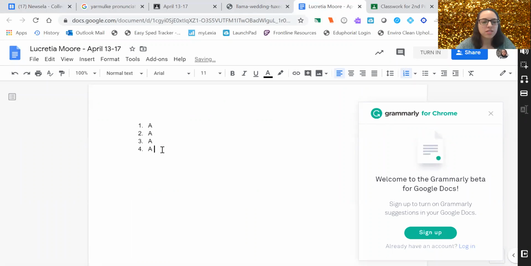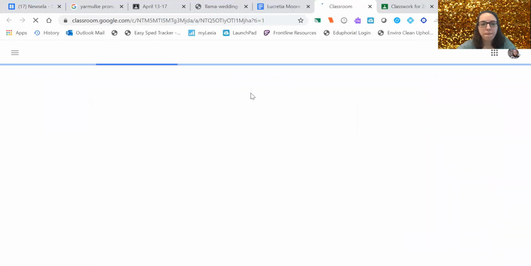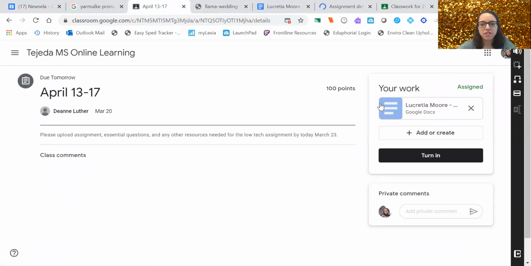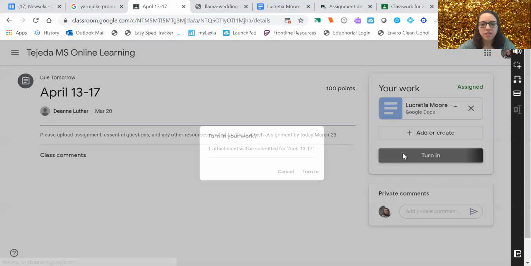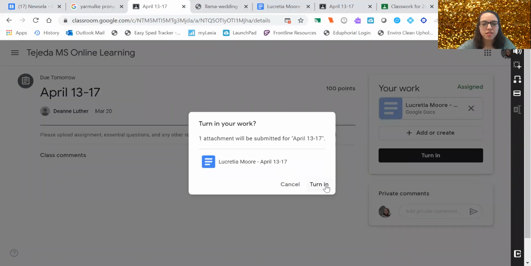Or B, whichever it is. Then you have to make sure to press turn in. Once you have finished the doc, press turn in, and then turn in once again. You have to do it twice.